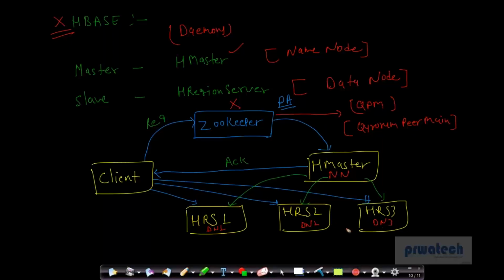So ultimately, where are the region servers storing their data? On the DataNodes, based on the replica and sharding concept. The collection of DataNodes is nothing but HDFS. So HDFS provides a separate space for HBase, where you can store your data in this file system.